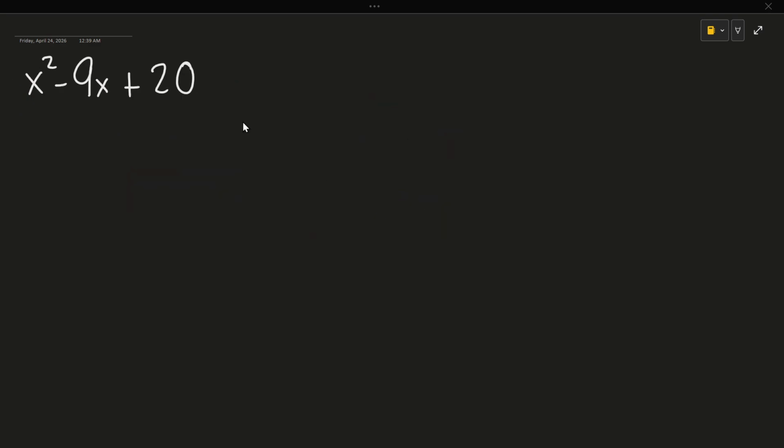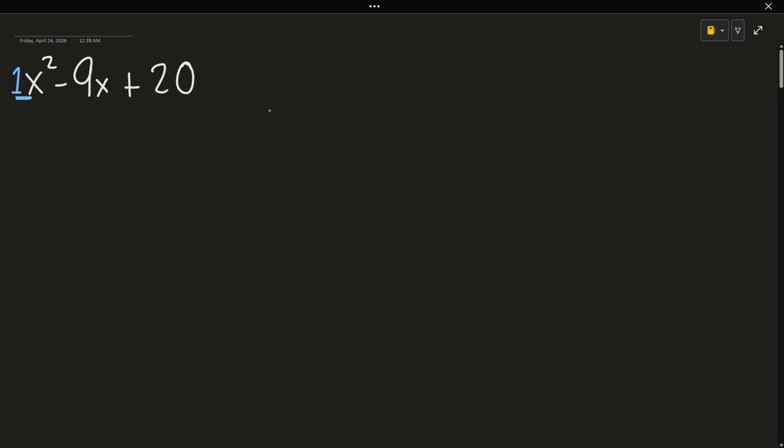We have x squared minus 9x plus 20. So, what's the first step? Check the number beside the x squared. Here, there's no visible number, so it means the number beside it is 1.